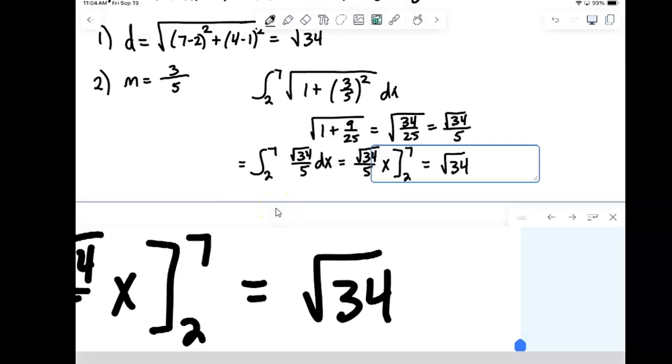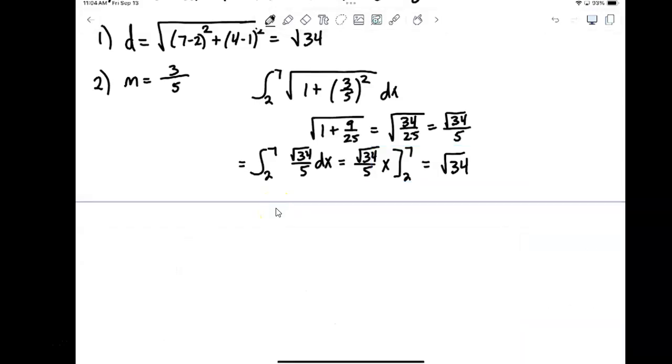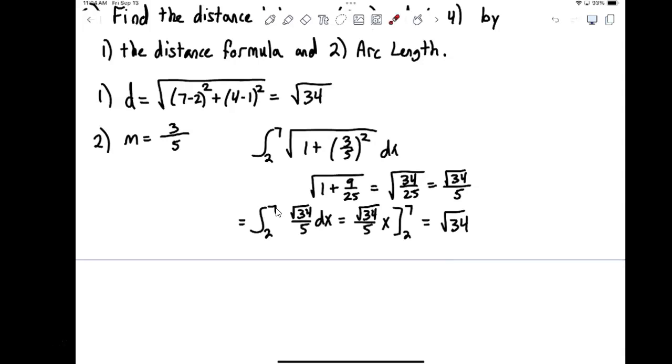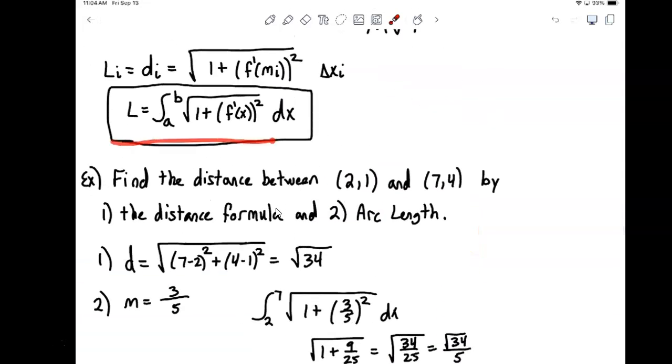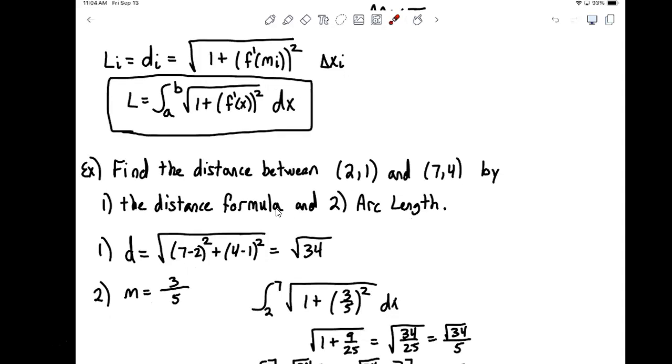Okay. And so we can confirm that, at least for this problem, our arc length does line up with our distance formula and gives us the same answer. So that's kind of a little encouraging that we didn't just blunder here.